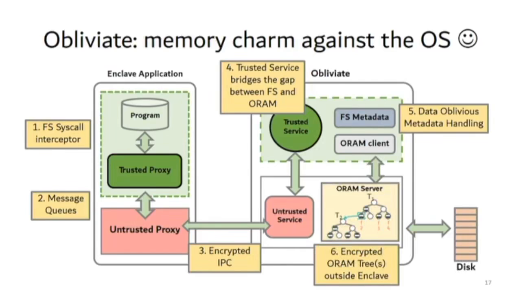Then we access the ORAM server to get the blocks in an ORAM fashion. So at the end, you're accessing multiple blocks using the ORAM operations instead of accessing one. This ORAM tree has been filled with whatever files you're going to need.